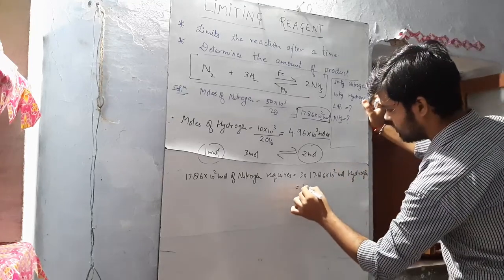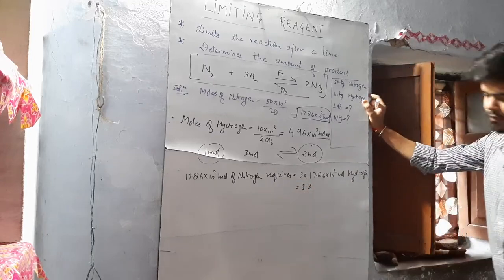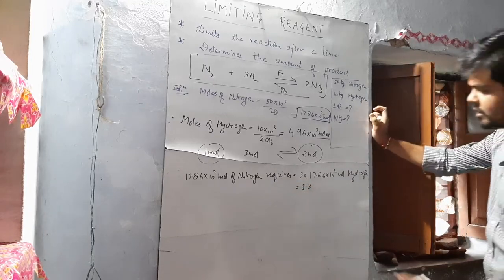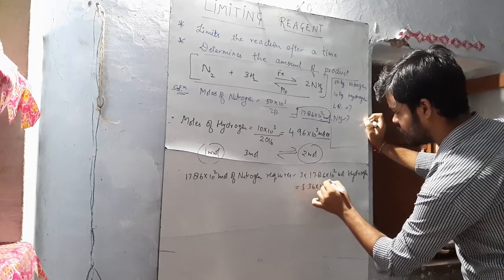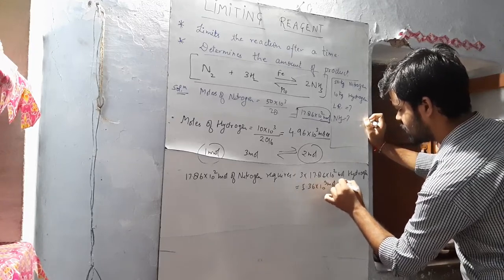On calculating it, we find it is 5.36 into 10 power 3 moles. Okay.